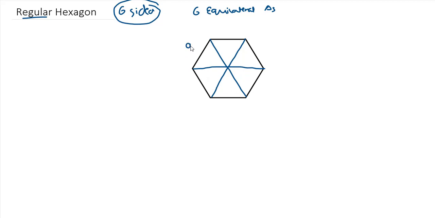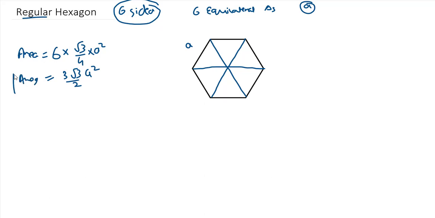If A is the side of this hexagon, then the side of each of these equilateral triangles will also be A. So the area of this hexagon will be given by 6 times the area of an equilateral triangle, which is given by root 3 by 4 A square, which we can simplify as 3 root 3 upon 2 A square. So this is the formula for the area of a regular hexagon.